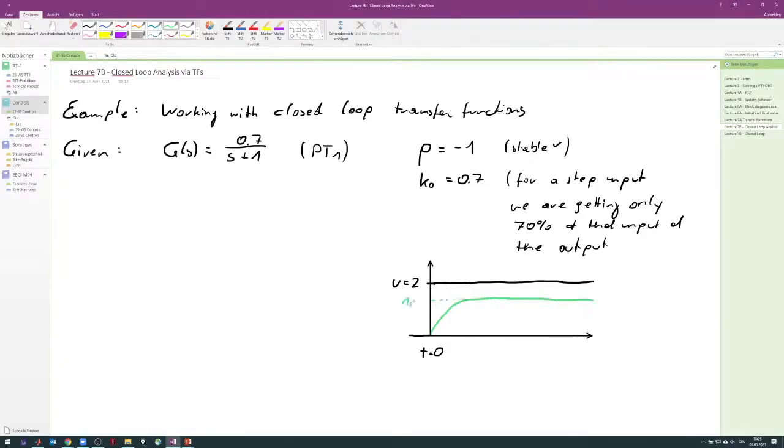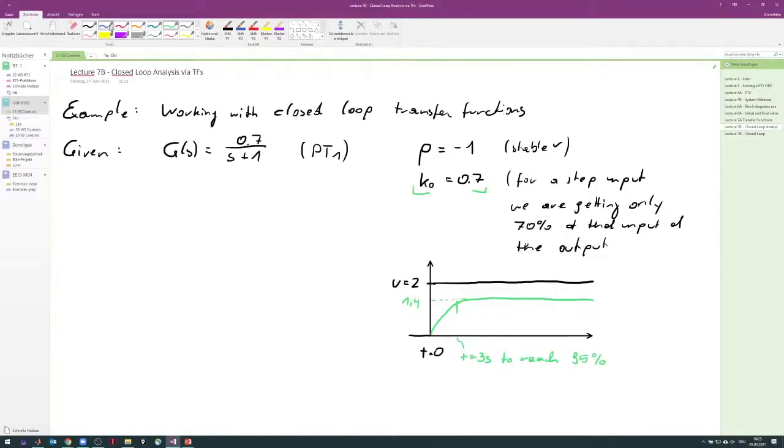So this guy only gets to 1.4 in steady state. It takes about 3 seconds to reach 95%, 3 times the time constant, which here is equal to 1.